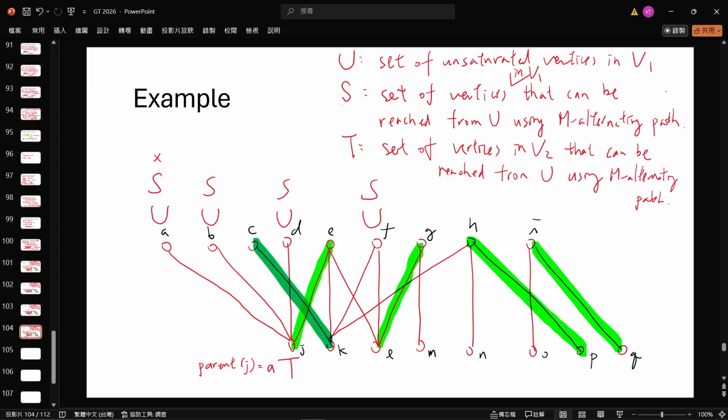And we can then go up using some edge in the matching. You have to be careful here because we have multiple choices. You can choose this one, or this one. But since this is an alternating path, we can only use the edge that is in the matching. So we have to use this edge.